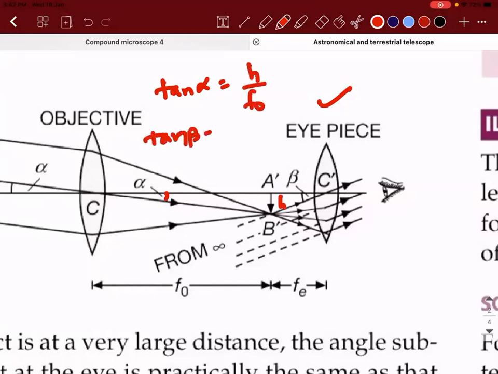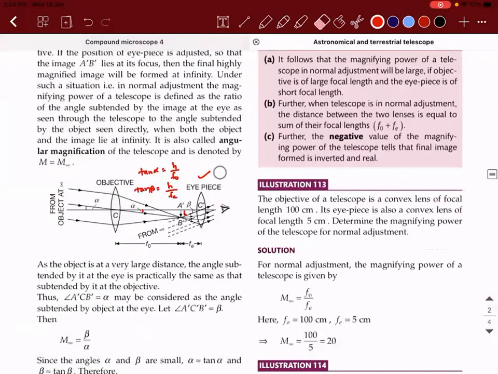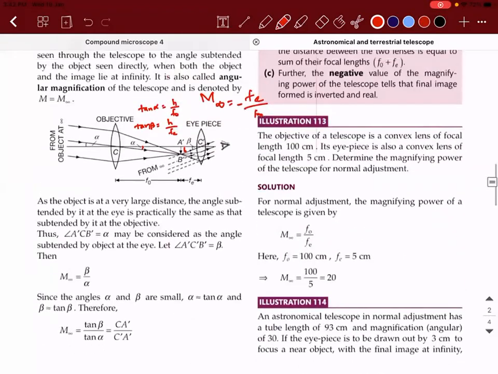What is tan beta? Height of the same object divided by Fe. So what is the m infinity? Tan beta by tan alpha. So it is going to be Fe divided by F naught, and just put a minus sign here because the final image formed with respect to the initial position of the object is inverted. That's it.